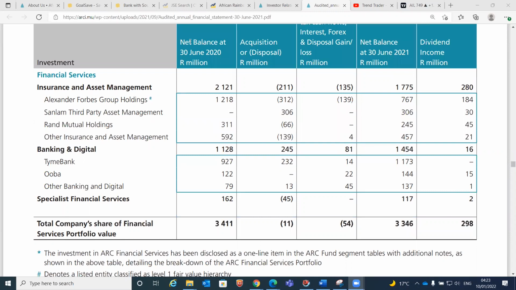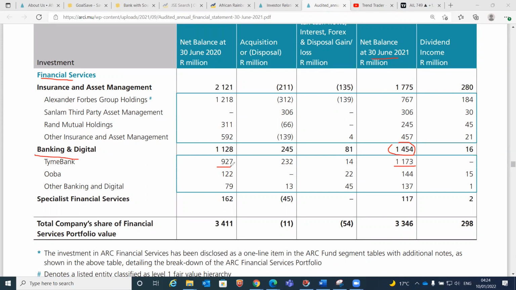Right, here we are. So under financial services and then banking and digital, remember they have other types of financial services that they offer, but our interest is banking and digital. And as of June 2021, they have invested about 1.45 billion in banking and digital, and 1.173 billion of that amount is invested in TymeBank to grow that business, compared to the previous period where they had only invested 927 million.